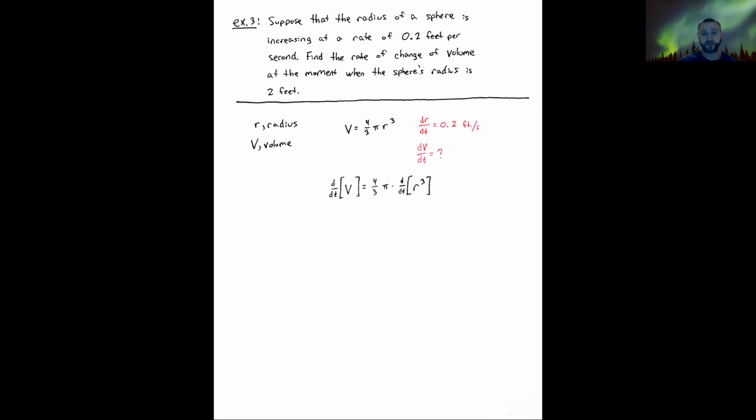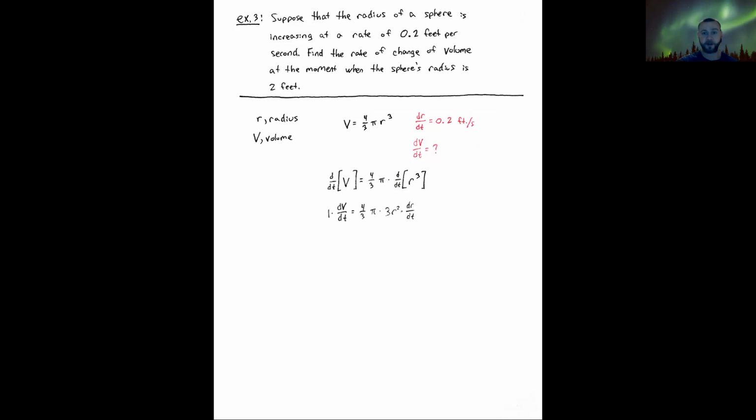All right, if you calculate those two derivatives, the left side should turn to just 1 times dV over dt, keeping in mind we're thinking of the 1 coming from the derivative of x, right? The derivative of x is 1. In this case, we say the derivative of V is 1, but times dV over dt.